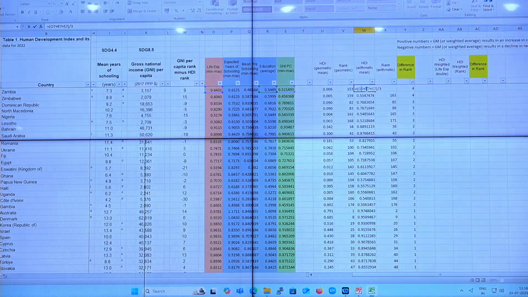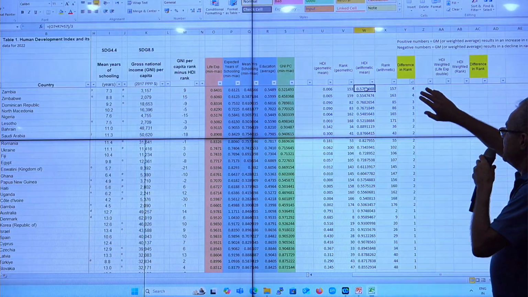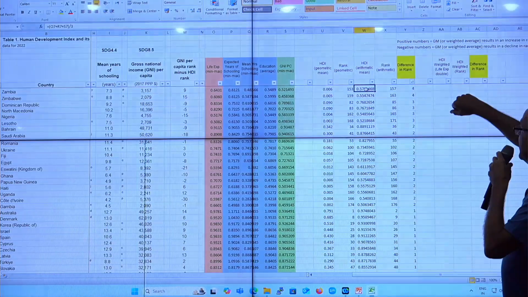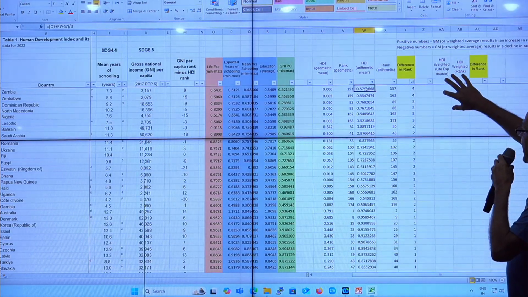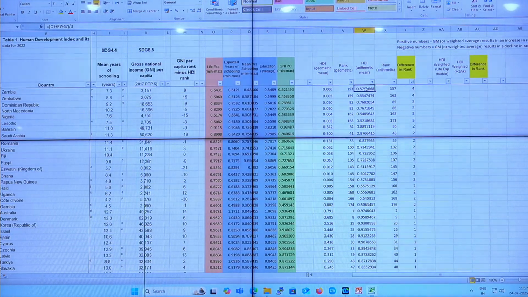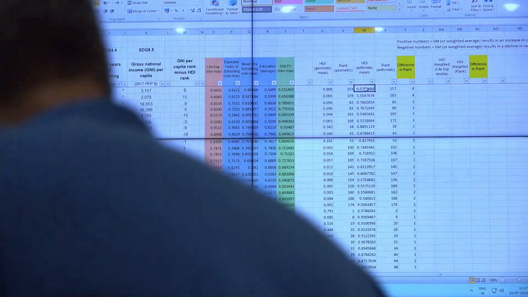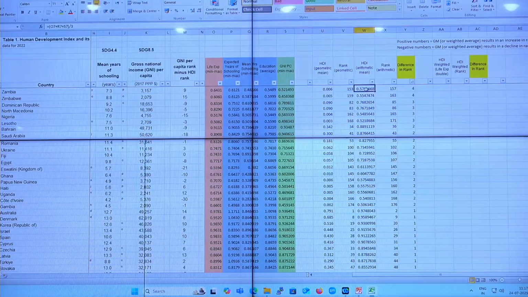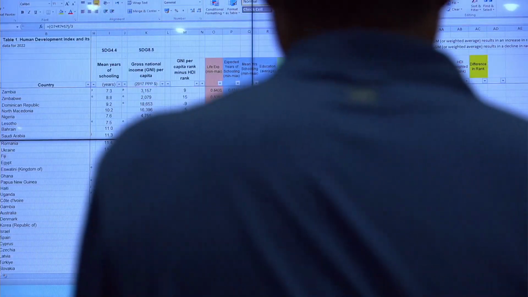Yeah, so the difference in rank is basically, I think I did the arithmetic mean minus the geometric mean. Let me double check on that, sorry. What's that? So Pakistan has the highest difference. Okay, let me see if that's true in my.